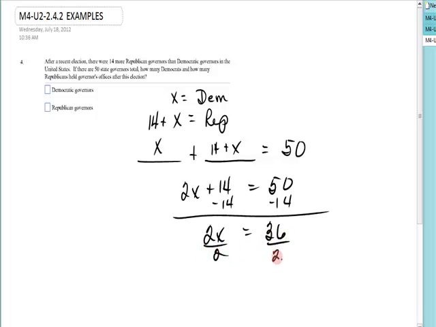Divide by 2. X is 18. That is the number of Democrats, so that's 18. Now, I need to find the Republicans. They have 14 more than, so that's 14 plus 18, which is 32. Or you could have just subtracted the 18 from the 50.